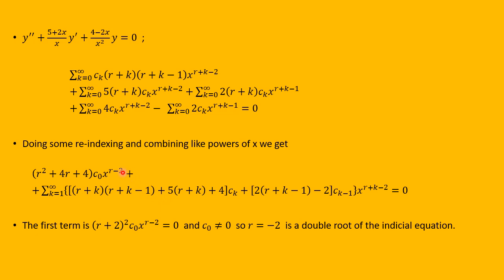So if we look at this first term, we notice that we can write it as r plus 2 squared times c naught times x to the r minus 2. And if that equals 0 for all x, and recalling that in the Frobenius method c naught is not 0, that means that r plus 2 squared has to be equal to 0. So r equals minus 2 is a double root of the indicial equation.